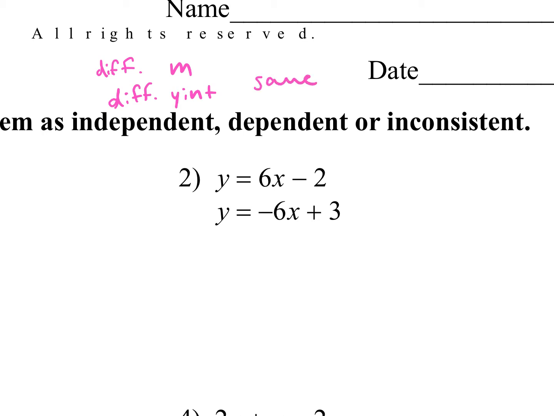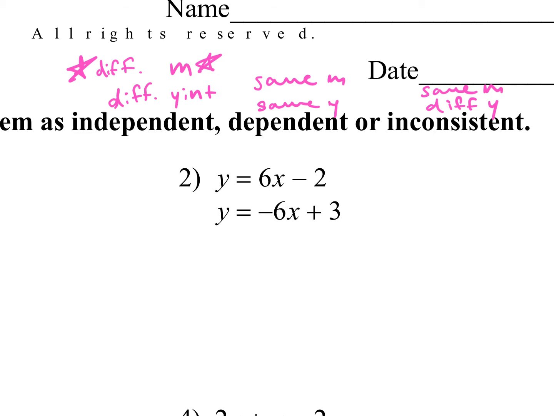Same, same. So same slope, same y-intercept. And what about inconsistent? Same slope, different y-intercept. So if it's different slopes, it's automatically independent. Anytime the slopes are different, independent.